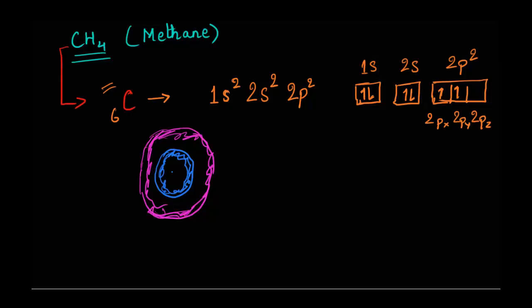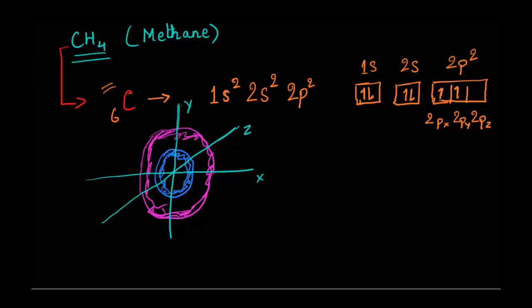Now to draw the p orbitals, let me first draw the axes through the nucleus. So this is my x-axis, z-axis and y-axis.